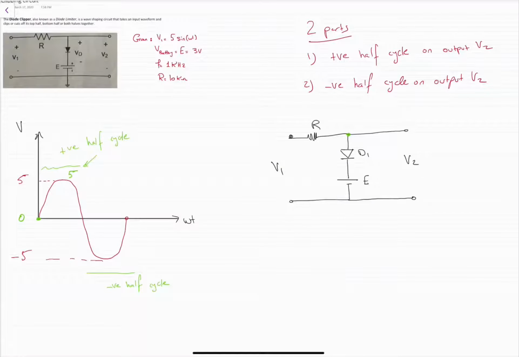So this node, which is referred to V2, should be less than V1. So V1 should be greater than V2 in order for the diode to be on. While when V1 is less than V2, the diode will be in the off mode.